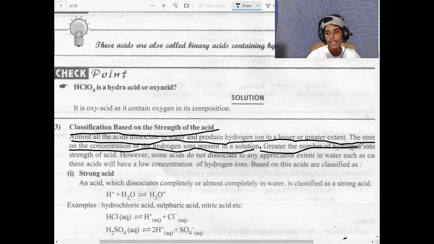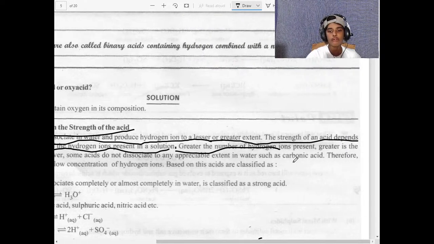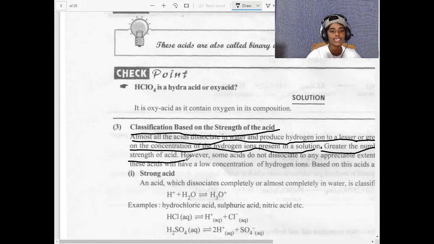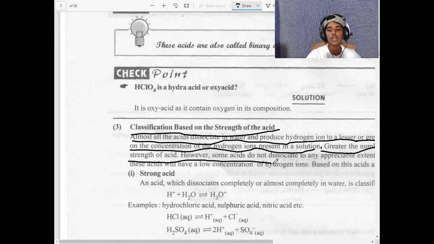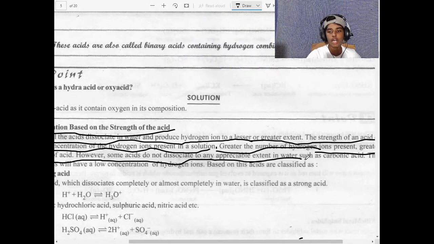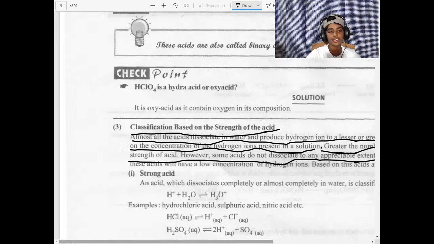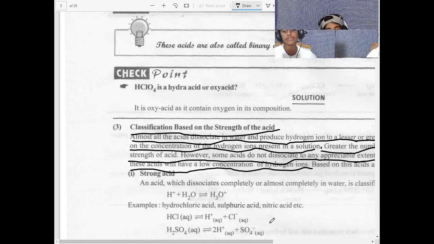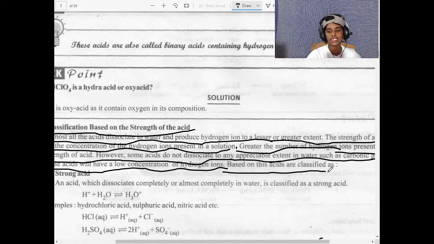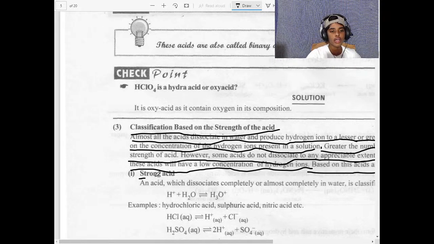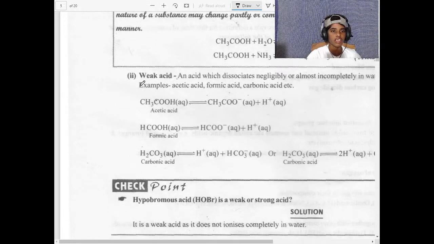The greater the number of hydrogen ions present, the greater is the strength of the acid. However, some acids do not dissociate to any appreciable extent in water, such as carbonic acid. Therefore, these acids will have a low concentration of hydrogen ions. Based on this, acids are classified as strong acid and weak acid.